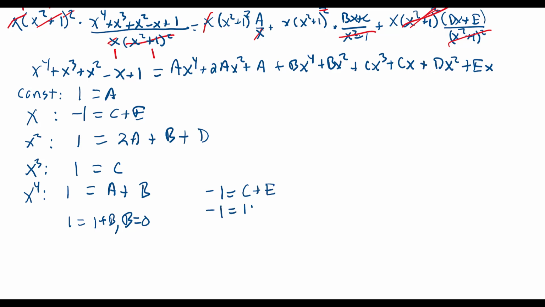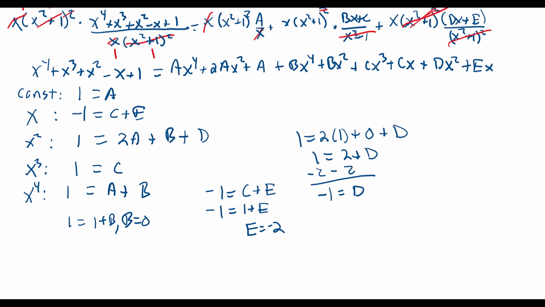Negative 1 equals 1 plus e, so e must be negative 2. Okay, that's good. So we know A, B, C, and E, but we don't know D. So we know that 1 equals 2 times A, which is 1, plus B, which is 0, plus D. So 1 equals 2 plus D, so subtracting 2, negative 1 equals D.